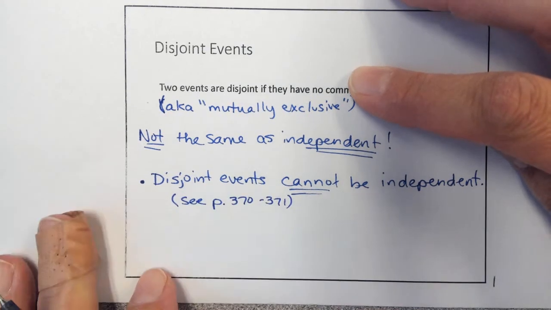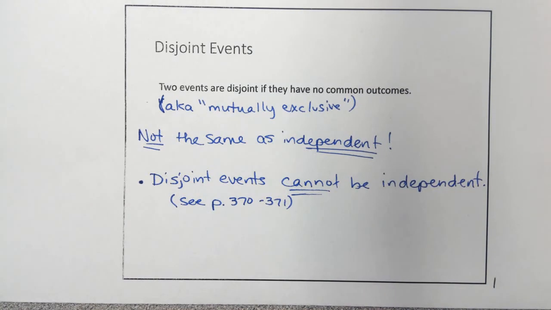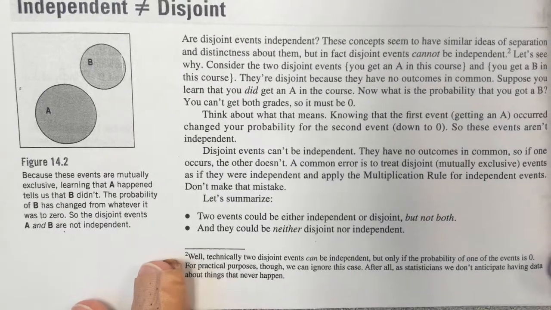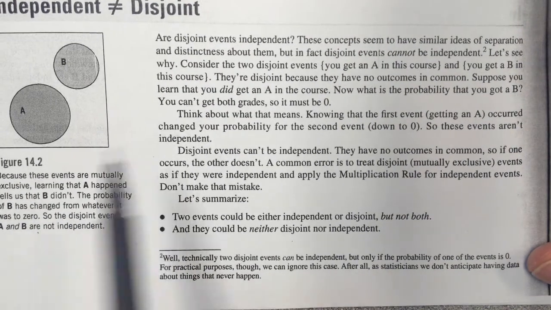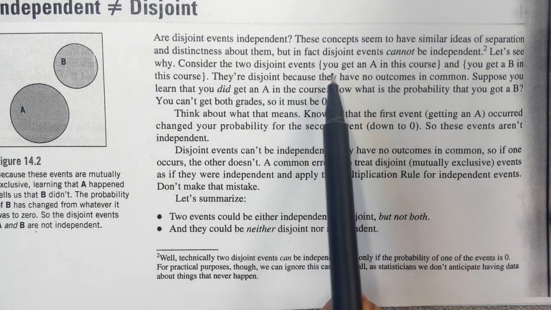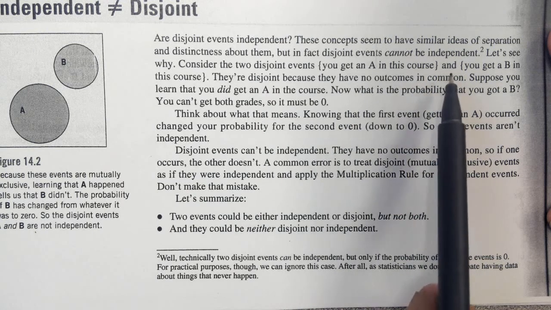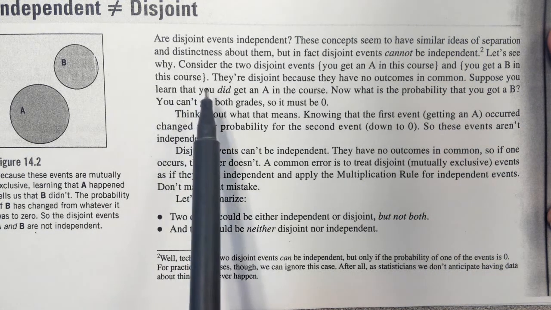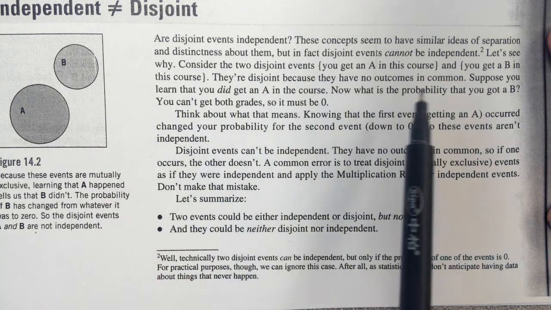Now we're going to finish reading this snippet to give an example to help make sense of why that's true. Let's see why. Consider the two disjoint events. Event A is you get an A in the course, and event B is you get a B in the course. They're disjoint because they have no outcomes in common.